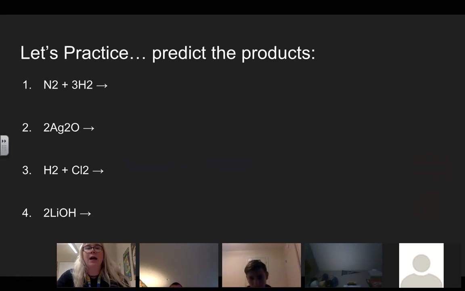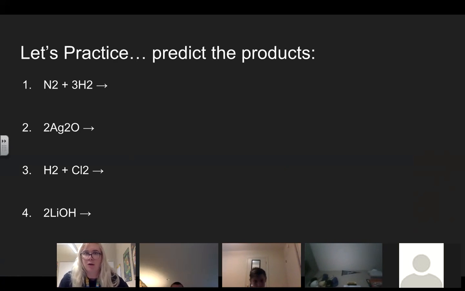So first reaction, nitrogen and hydrogen. What are we thinking? Is this going to be synthesis or decomposition? Synthesis, right? Oliver's 100% correct. We have two things, we must be combining them together, right?